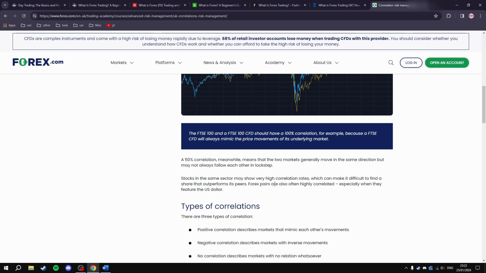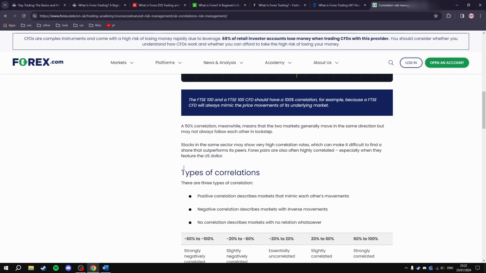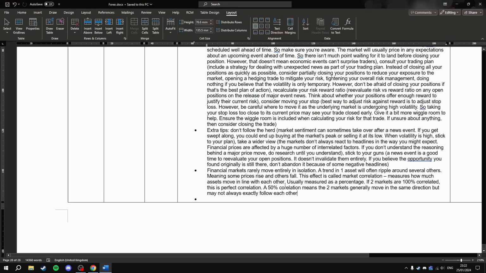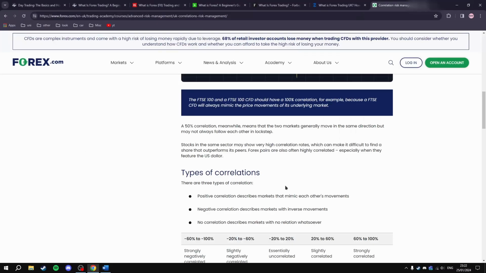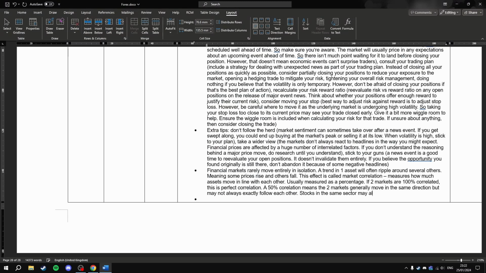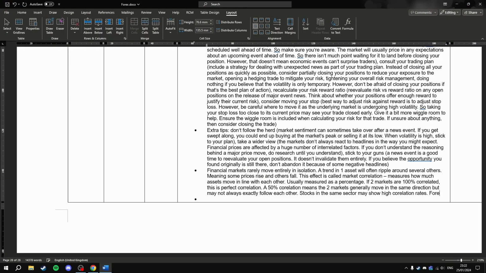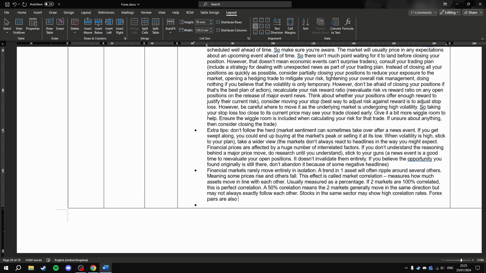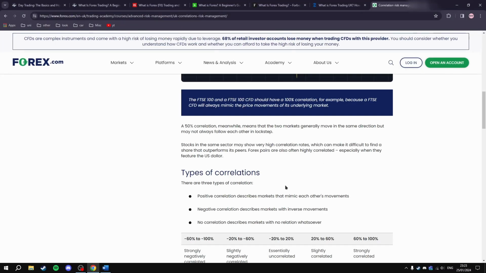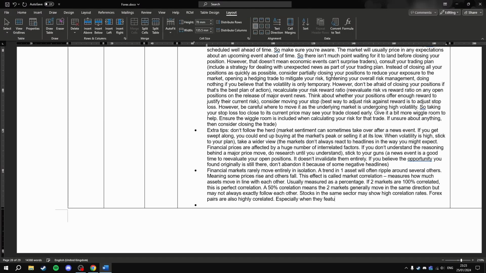Forex pairs are also often highly correlated, especially when they feature the US dollar.